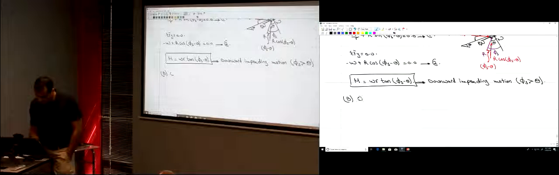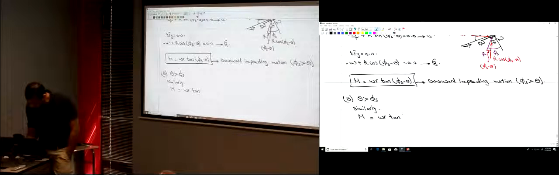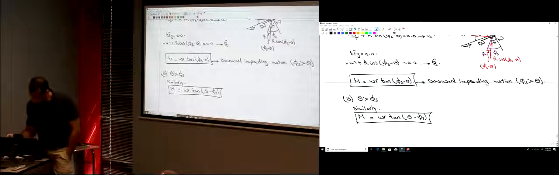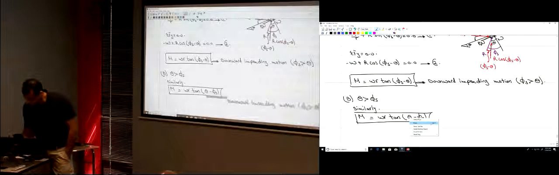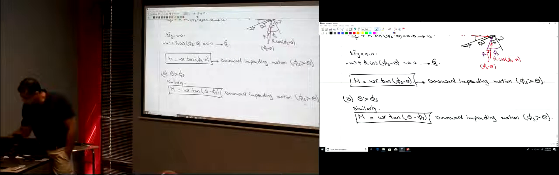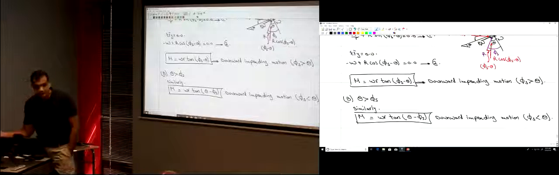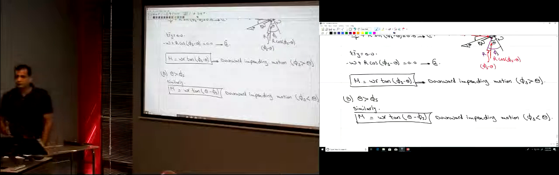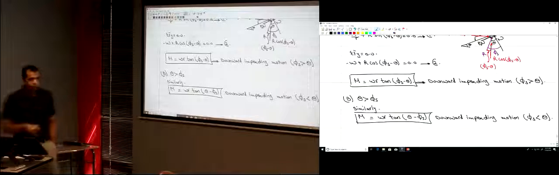If theta is larger than phi s, we're going to do the same. I'm not going to draw it, but you can do it yourself if you want. Similarly, you're going to find that M is going to be WR tan theta minus phi s instead. So you have three formulas: one formula for the upward motion and two formulas for the downward motion.